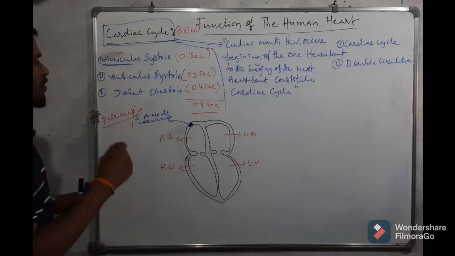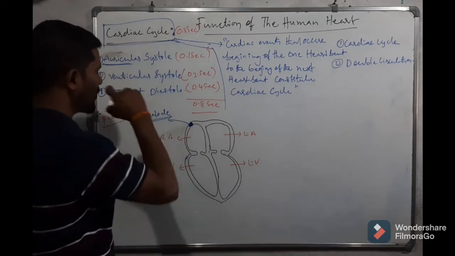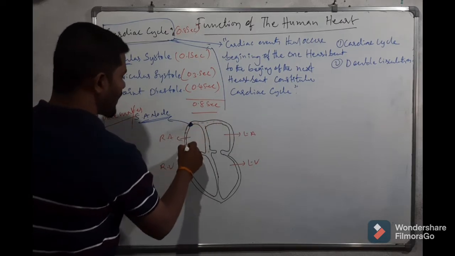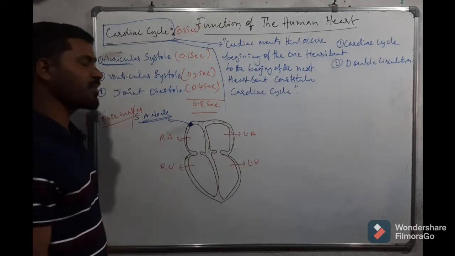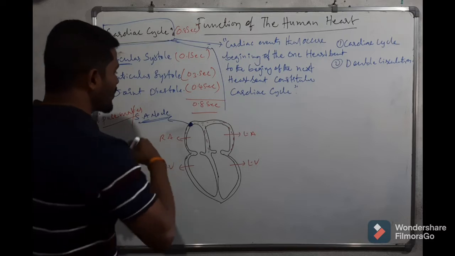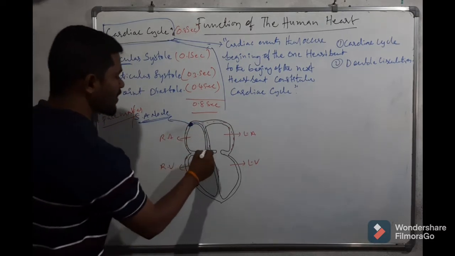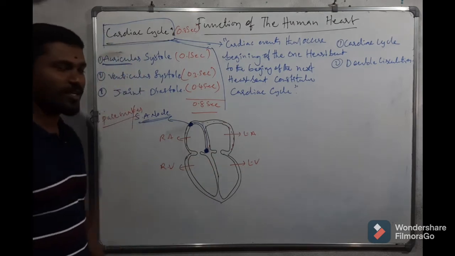The action potential generated by the SA node enters the walls of the auricles, and at that time the auricles contract. Next, this action potential reaches the AV node, at the lower corner of the right atrium.